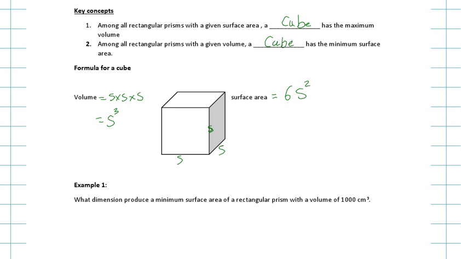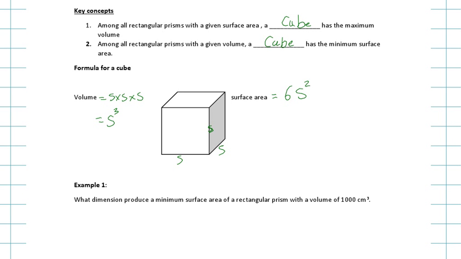So is there such a thing as a rectangular cube? No. There is a square-based rectangular prism, where you have the same side and side, but your height's gonna be different. But that's not the case that we're talking about right now. We're talking about a cube. We're still using the formula for a rectangular prism.